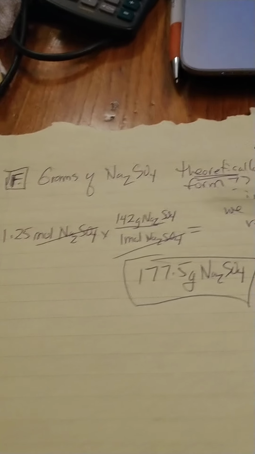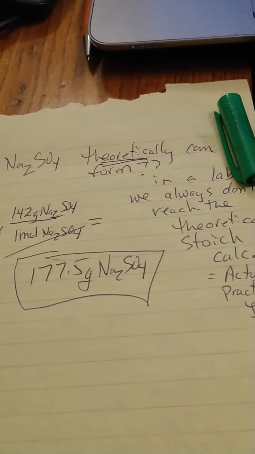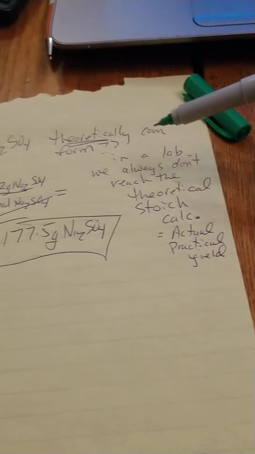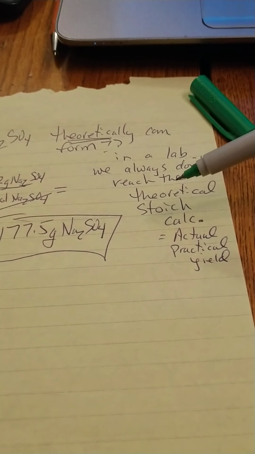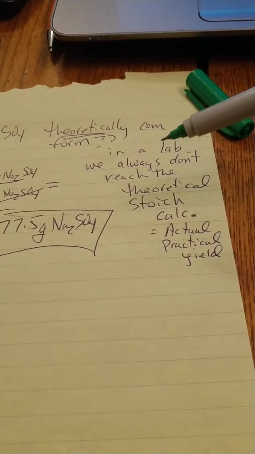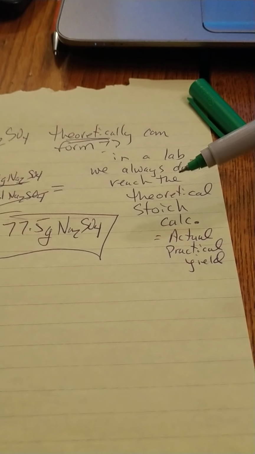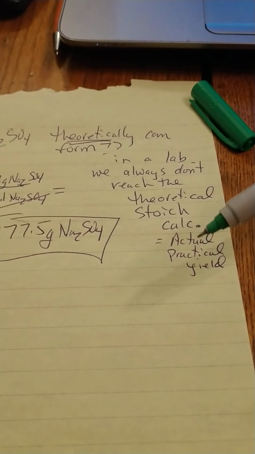Take that a step further, and I'll move this over here to letter F. How many grams would theoretically form? And remember, a theoretical formation is going to be what the stoichiometry tells you, but not what you will get in a lab, because the lab has plenty of little procedural errors. You're not always going to get the theoretical value.